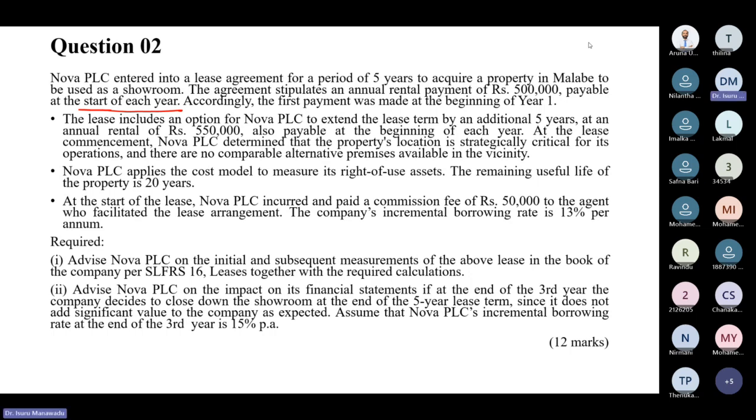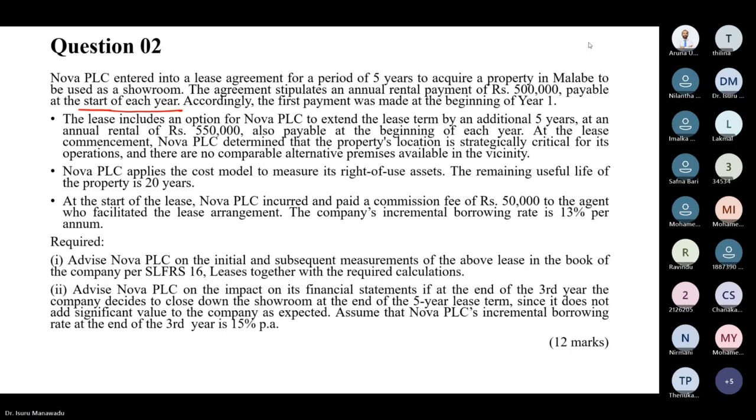Therefore, we need to depreciate that particular right of use asset over the lower of useful life and the lease term, right? I hope you understood that. If that particular information is not given, it is difficult to depreciate. Okay.